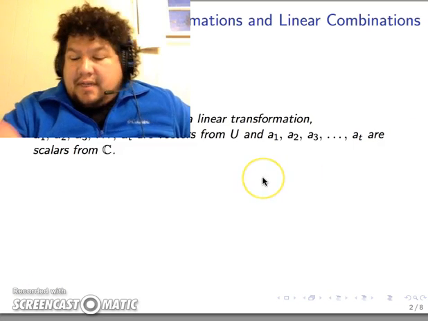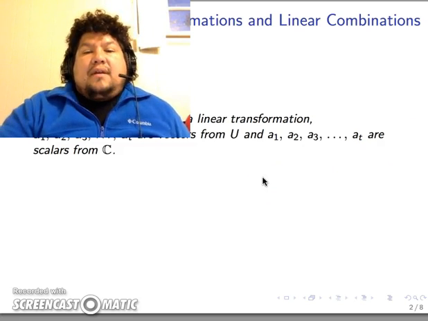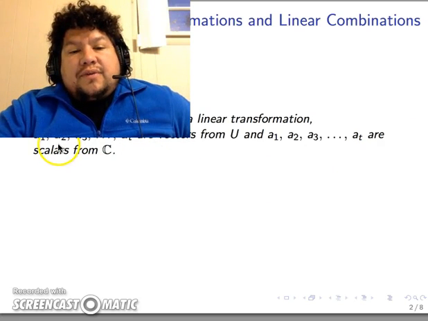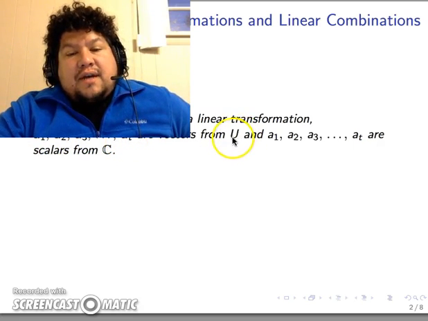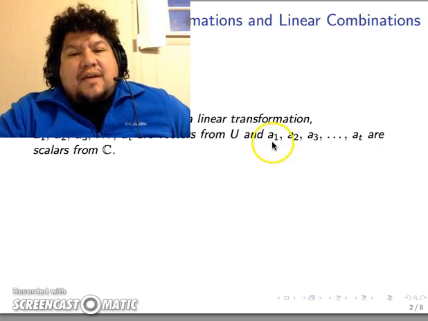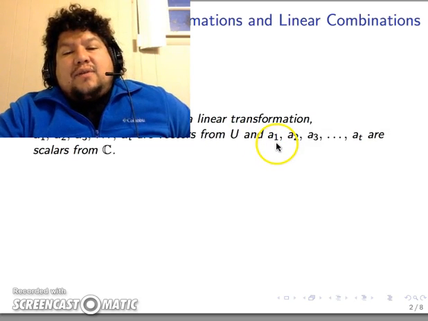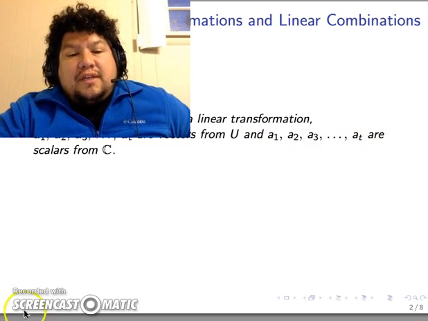So let's consider a transformation T, and we consider vectors u sub 1 through u sub t, which are in the domain. And now we're going to consider scalars, typically called alphas, but now we're going to use the notation a sub 1, a sub 2, all the way through a sub t.